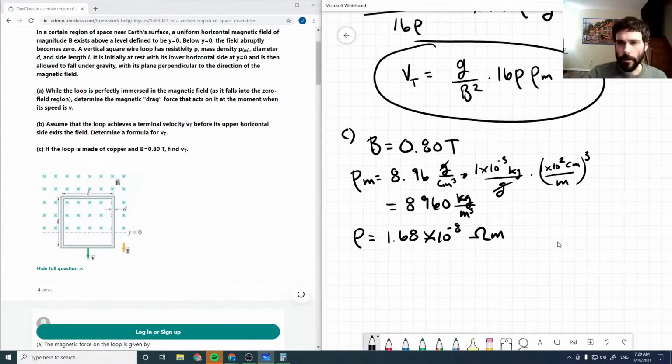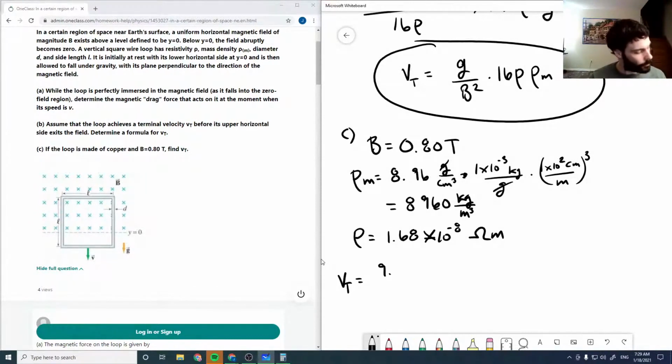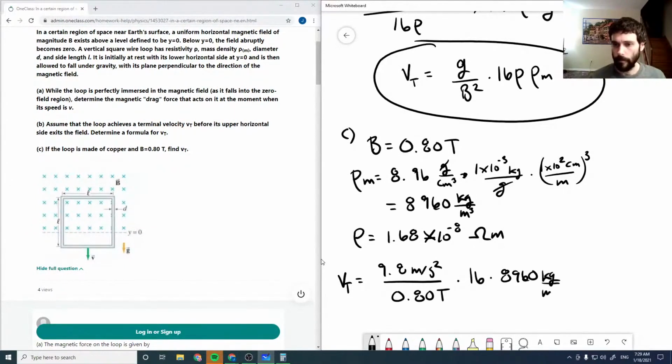And so then our terminal velocity is 9.8 meters per second squared over our B field, 0.80 Tesla, squared, times 16 times our mass density times our resistivity, 1.68 times 10 to the minus 8 ohm meters.